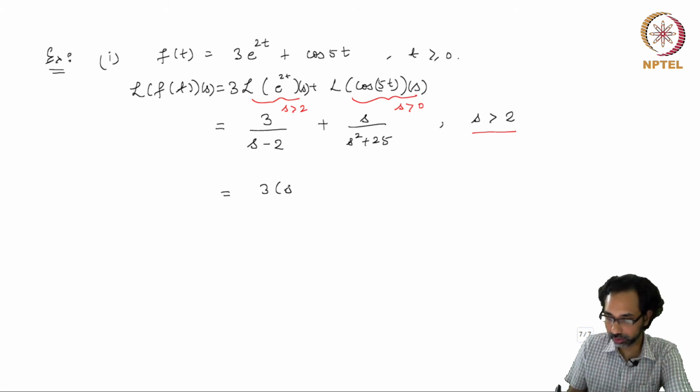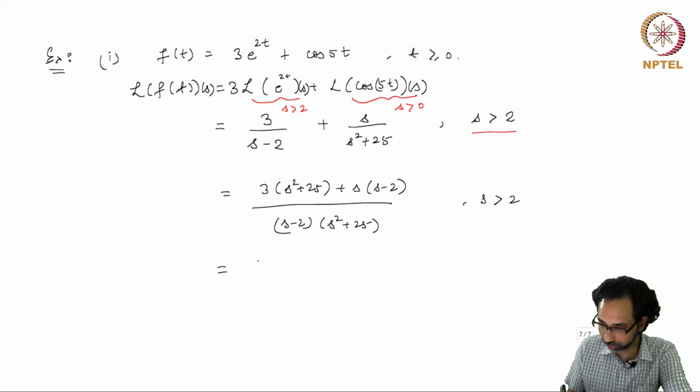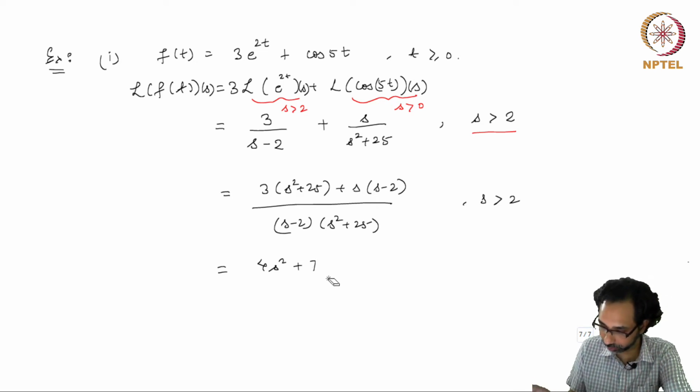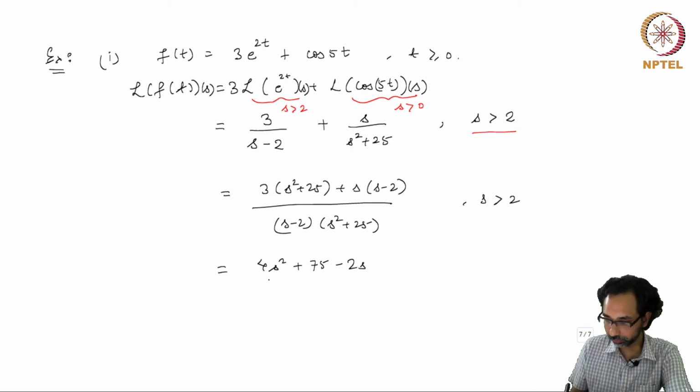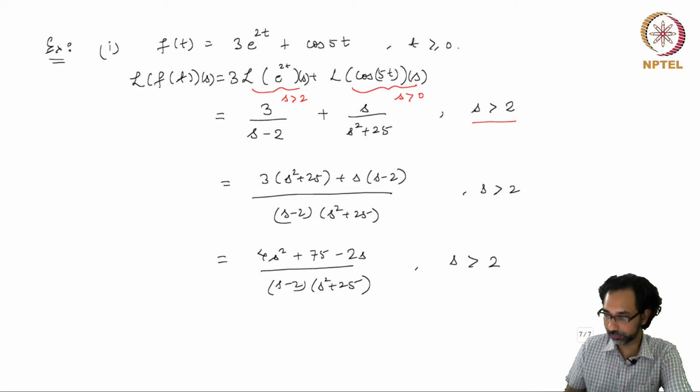So you can try to write it in this form, plus s minus 2 by s minus 2 times s squared plus 25, s greater than 2, and here one gets 4s squared plus 75 minus 2s over s minus 2 times s squared plus 25. So for this region s greater than 2.